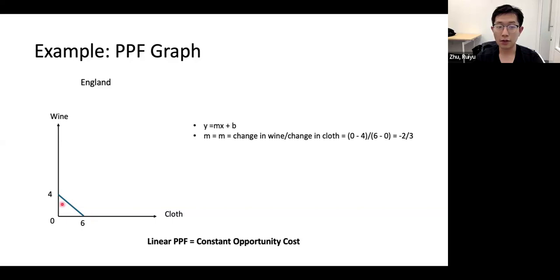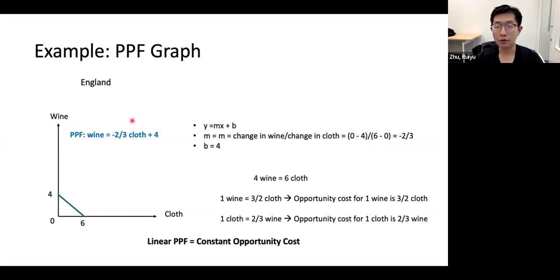The change in y goes from 4 to 0, which is 0 minus 4. And the change in cloth from this point to this point goes from 0 to 6, so the change is 6. So we can get the value for the slope, and similarly the value for the intercept. That is how we get the PPF equation for England.